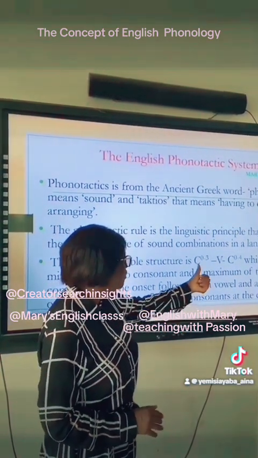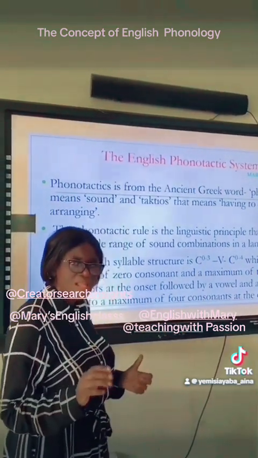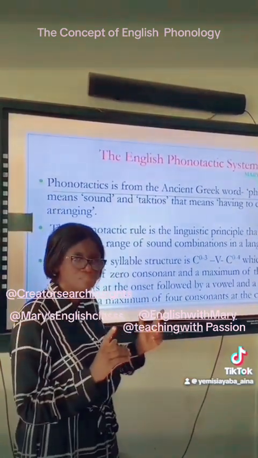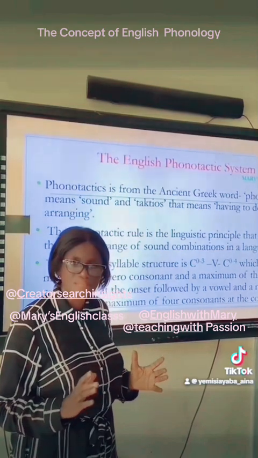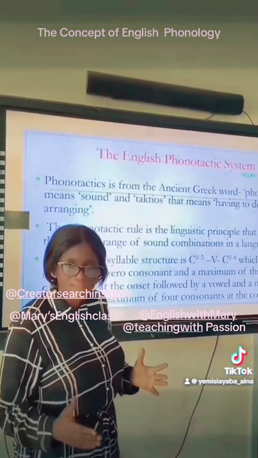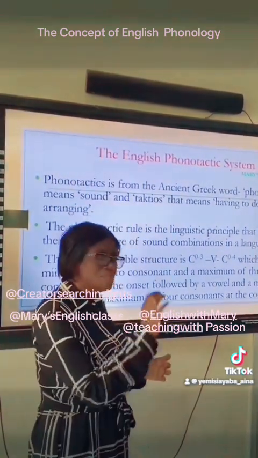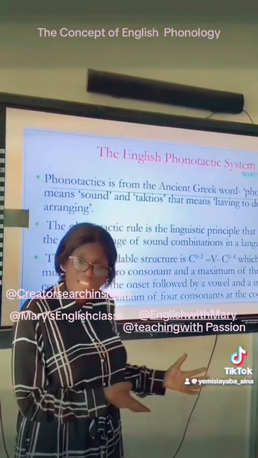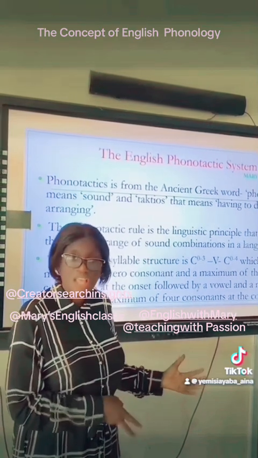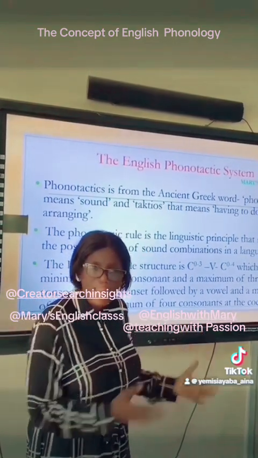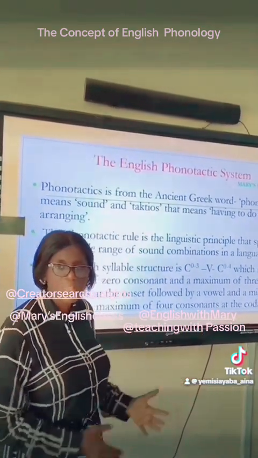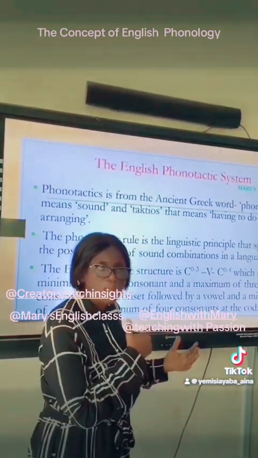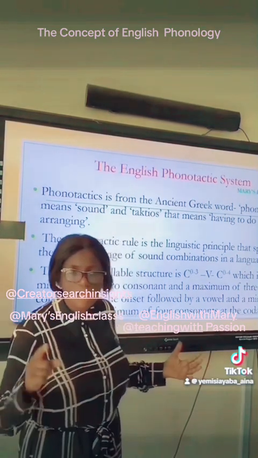Then we may have C1, that is only one consonant, as you have in pot, cat, bank. Then we may have C2, that is two consonants at the onset, like brag, spot, crawl, spin, slash.